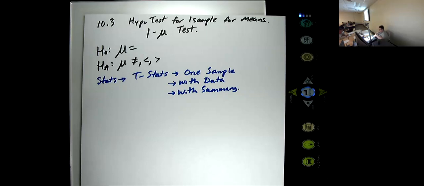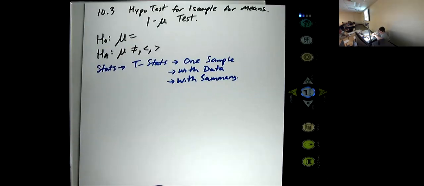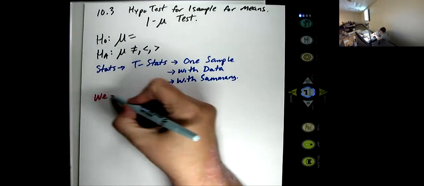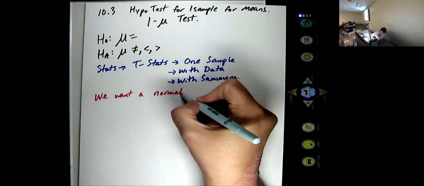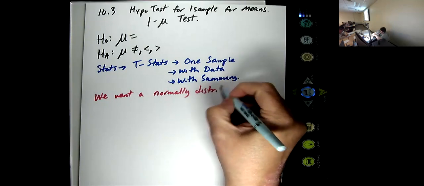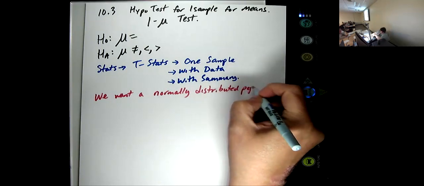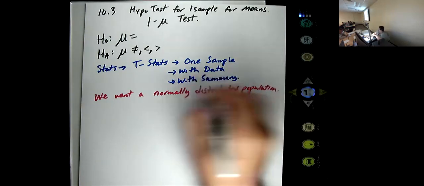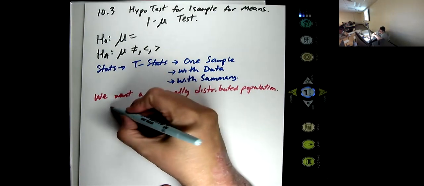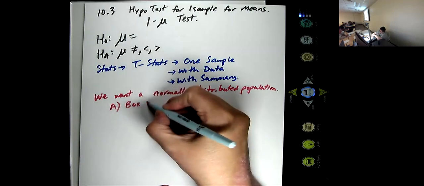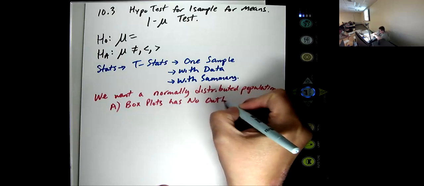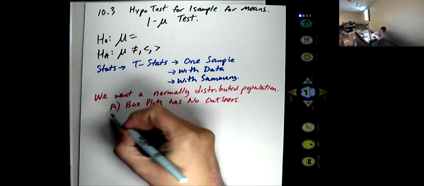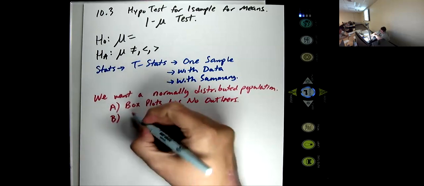Just like we wanted some requirements met for proportion, now we want a normally distributed population. So you want to look for a box plot with no outliers. It was a simple random sample.